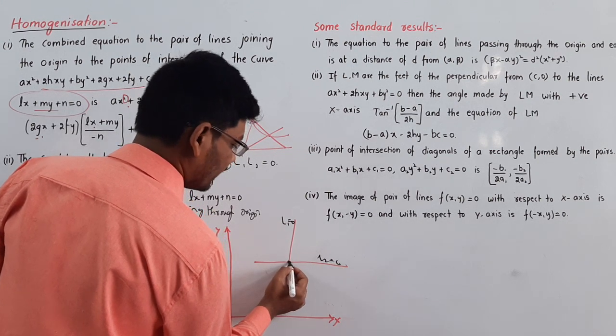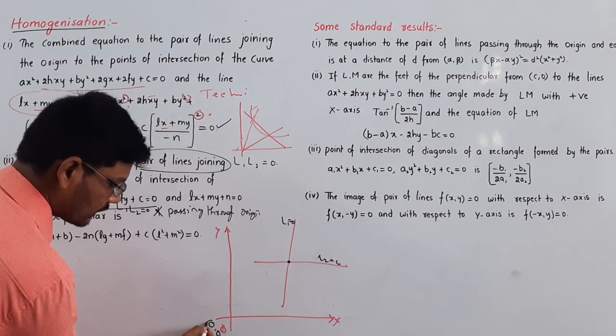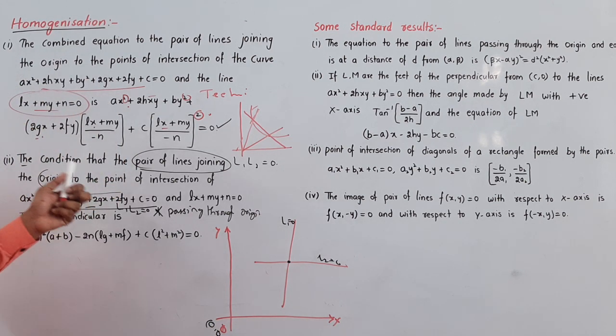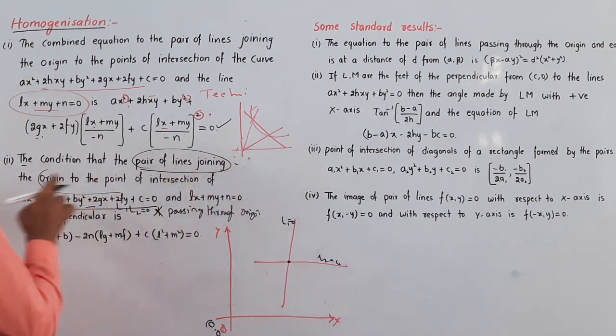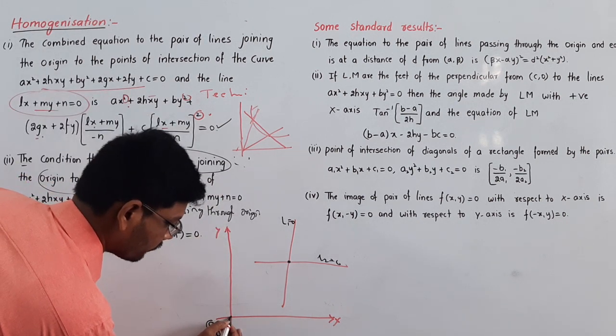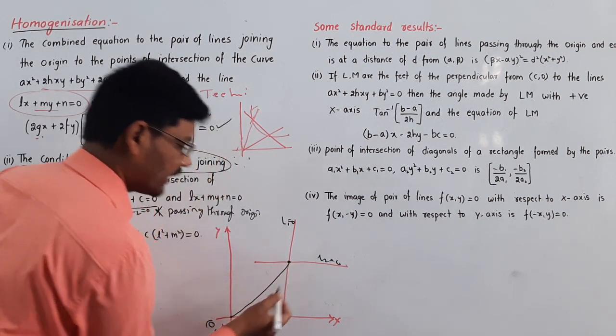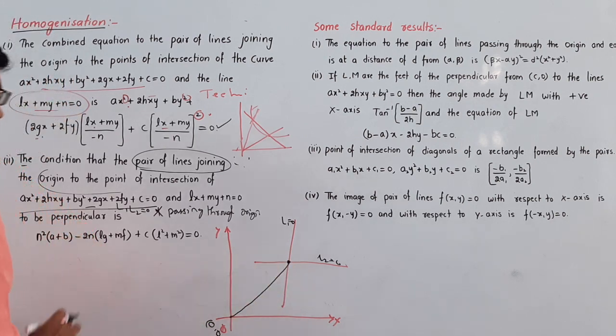This is the point of intersection of the two straight lines and this is origin, that is 0 comma 0, and the line joining origin to the point of intersection of the pair of straight lines.